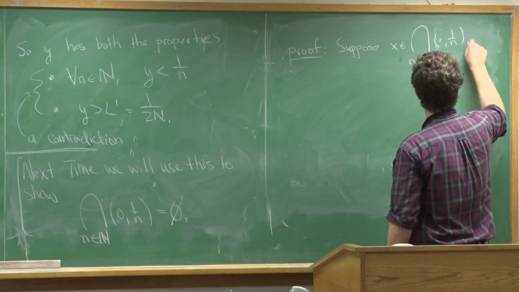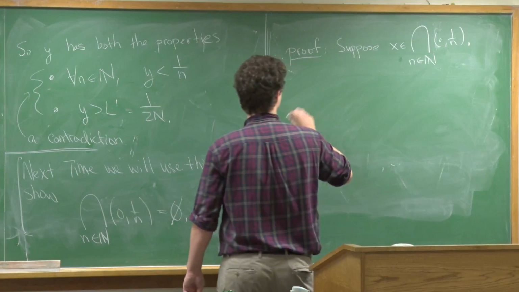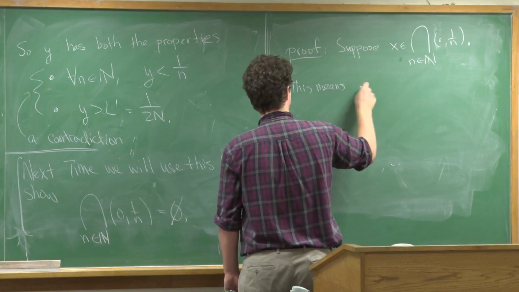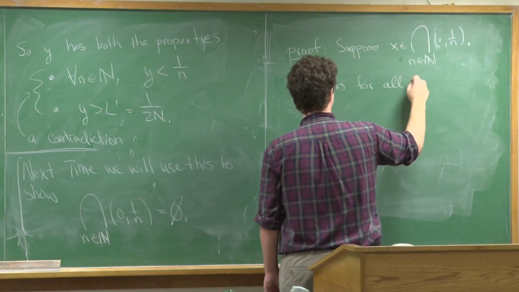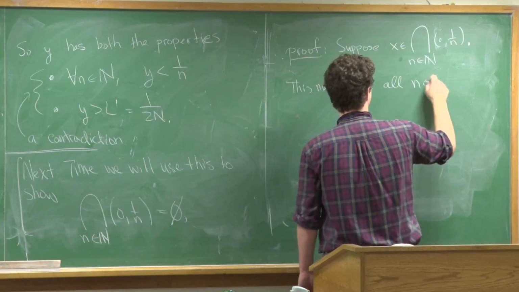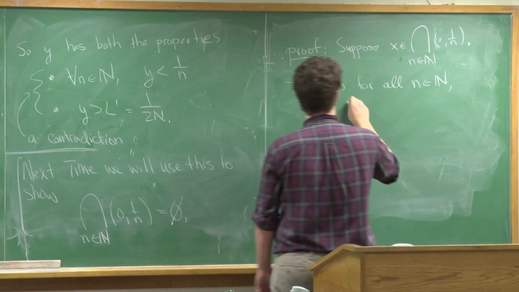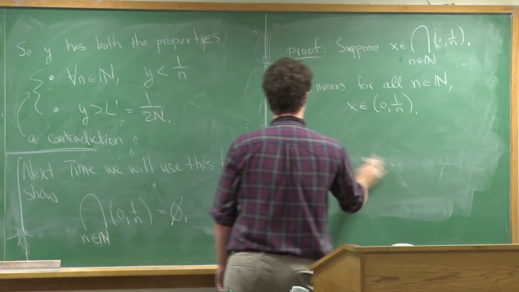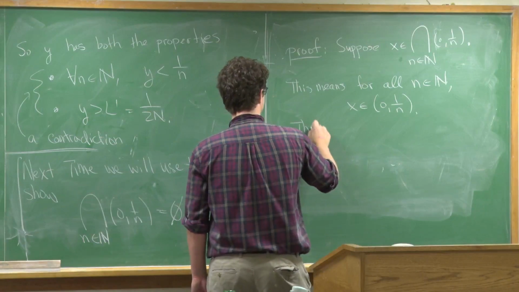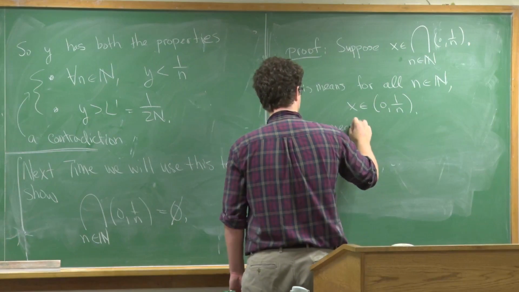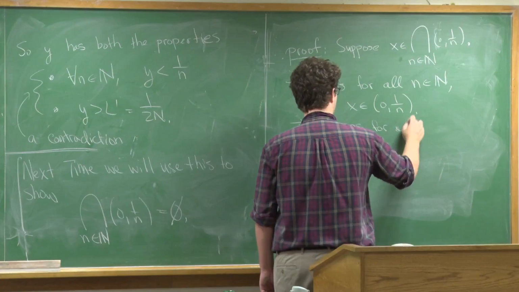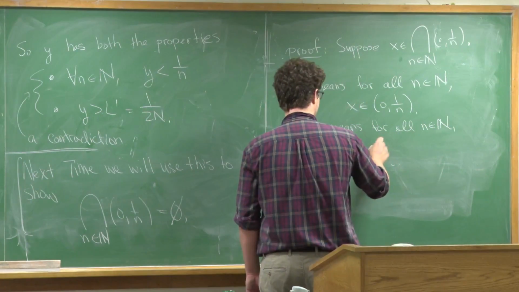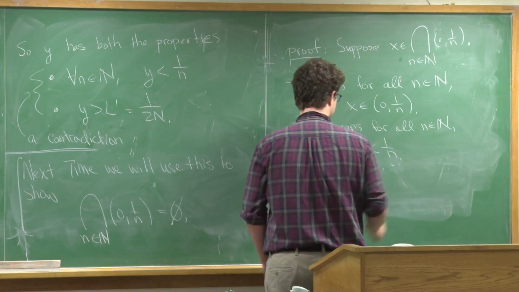Okay, this means for all n in the natural numbers, x is an element of 0 to 1 over n. So this means for all n in the natural numbers, x is less than 1 over n, right?